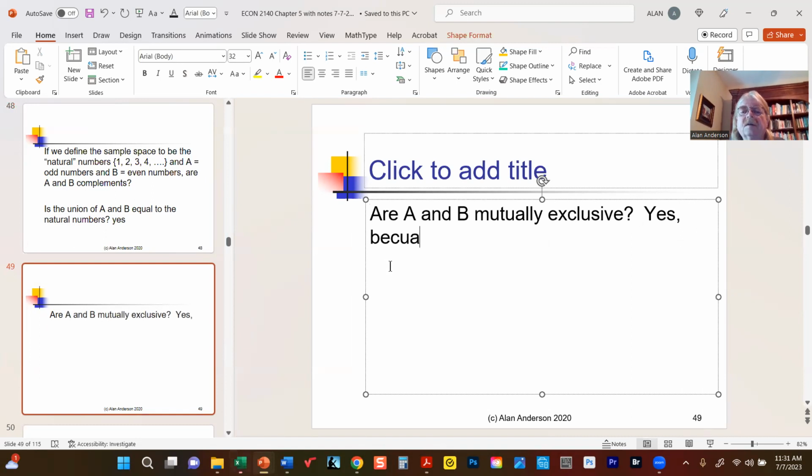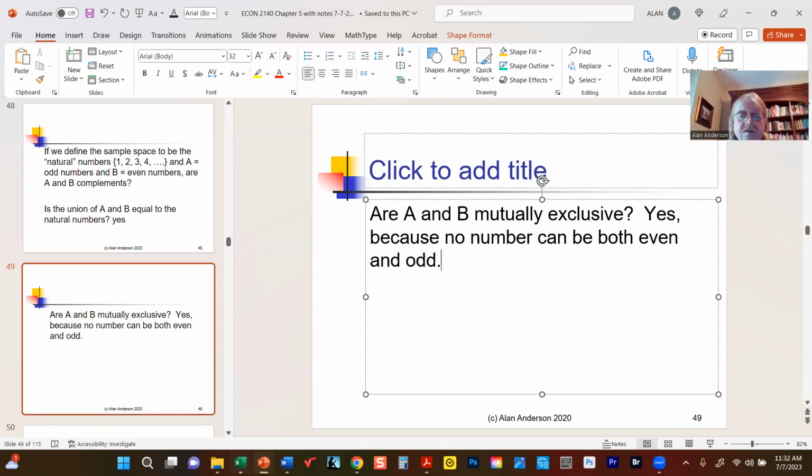Yes, because no number can be both even and odd. Or at least no number in the natural numbers. Supposedly, some mathematicians think that 0 should be considered both, but that's not in this set. So therefore, A and B are considered to be complements.